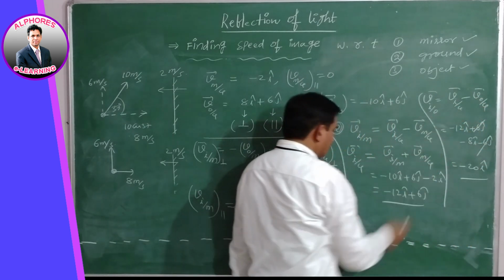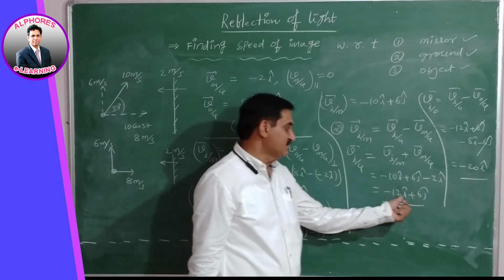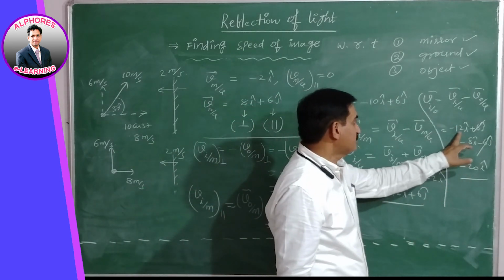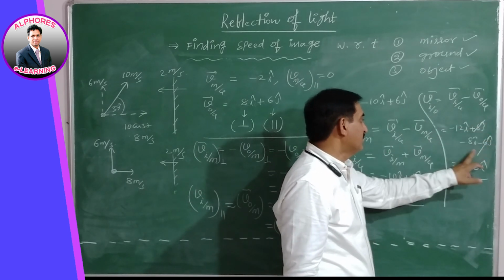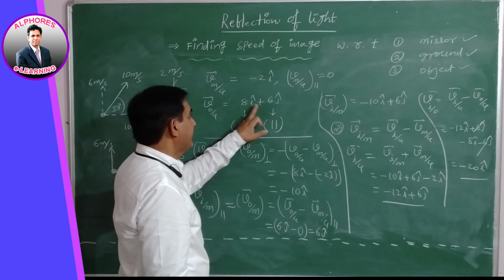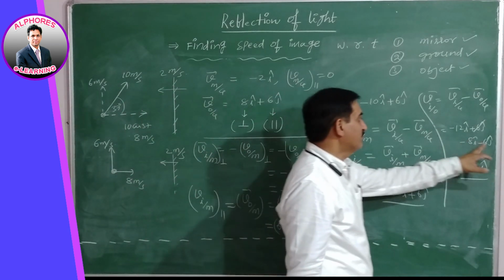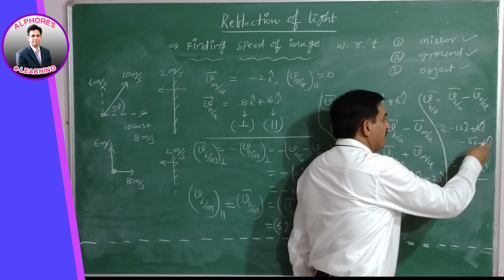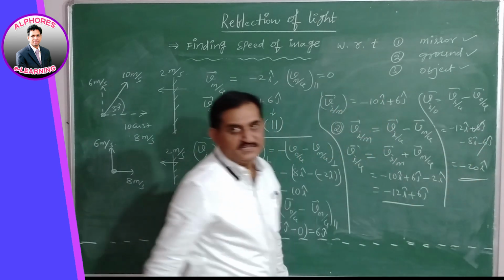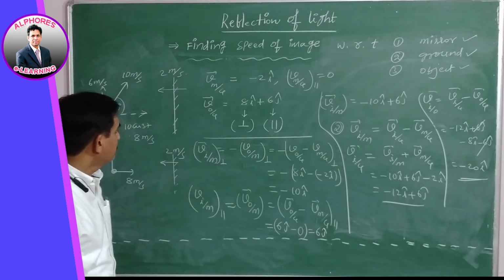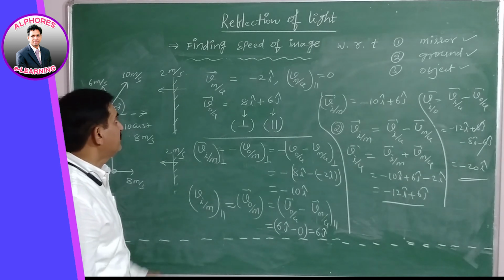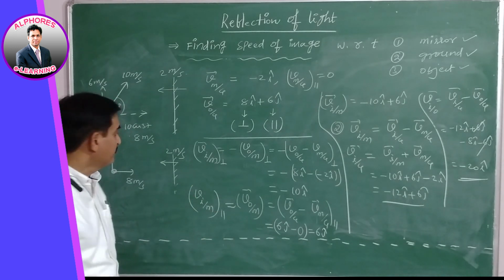Image with ground we already have, minus 12i plus 6j, and straight away substitute. Object with ground is 8i plus 6j, substituting over here. So 6j minus 6j gets cancelled. You will get minus 20i cap. So in this way we get three answers corresponding to the questions given.